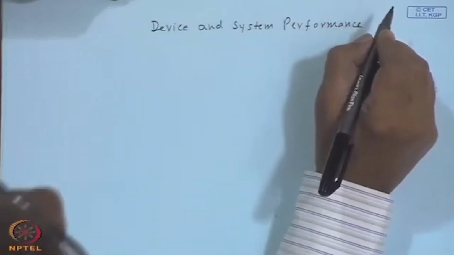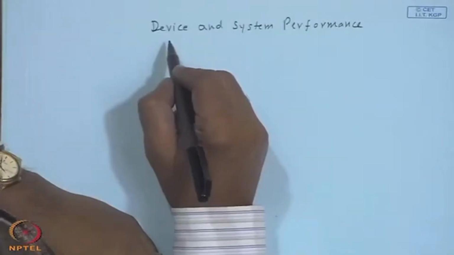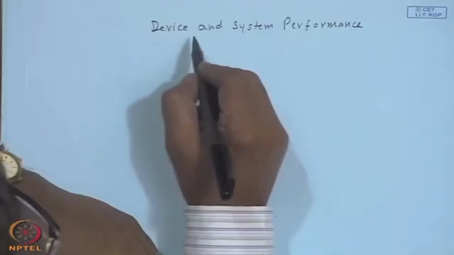All the while we were considering the solar flat plate collectors or concentrating collectors, we were focusing or concentrating on the collector performance. So, no doubt it gives you the useful energy, but then the complete system comprises not only the solar collector, but several other components.